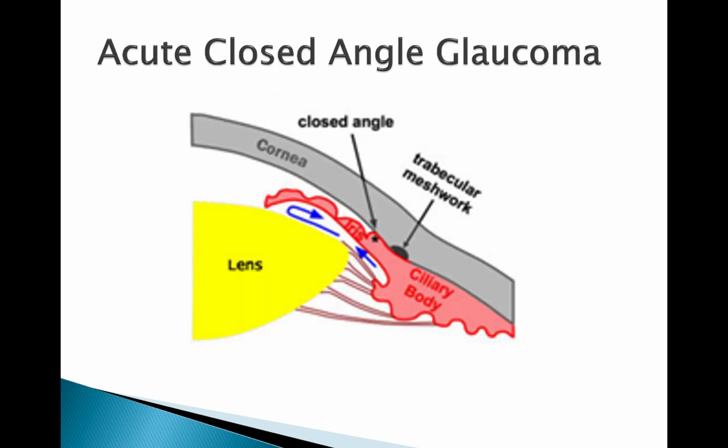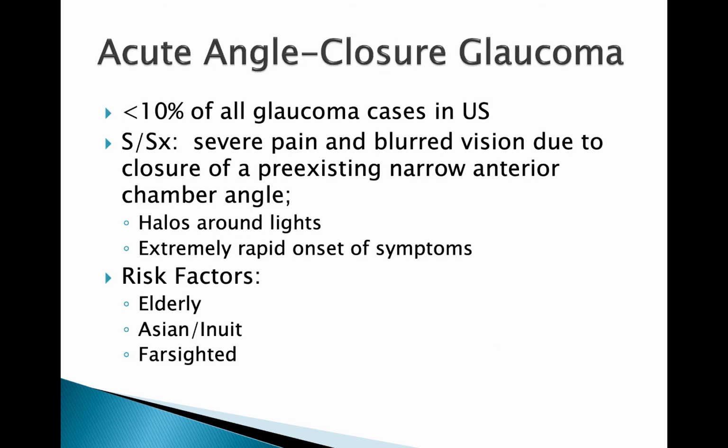So here's a picture of that angle being closed. The iris pulls back and it closes up over top of that trabecular meshwork and the canal of Schlemm, and the aqueous humor can't get out, and it builds up pressure in the anterior chamber. I like to tell people that acute angle closure glaucoma is like putting a stopper in a bathtub.